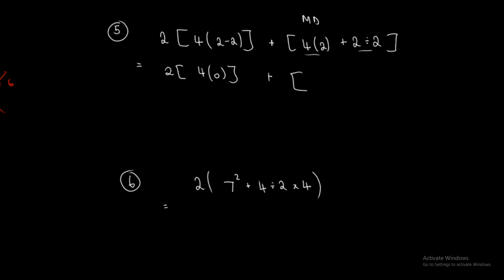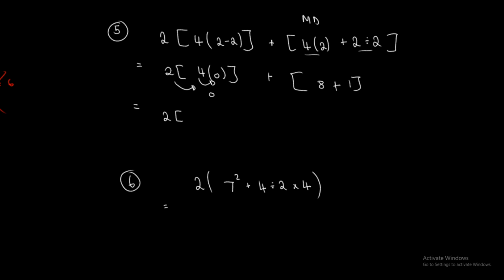You can think about it as a range, or a level at least. So it's going to be 8 plus 2 divided by 2 is 1. So now I have 4 multiplied by 0, which is 0. Then I have 2 multiplied by, let me solve this one.